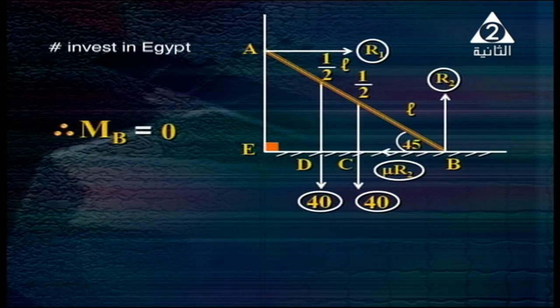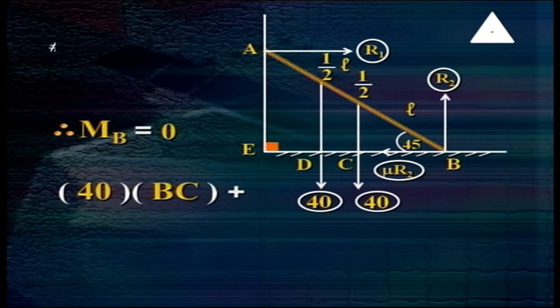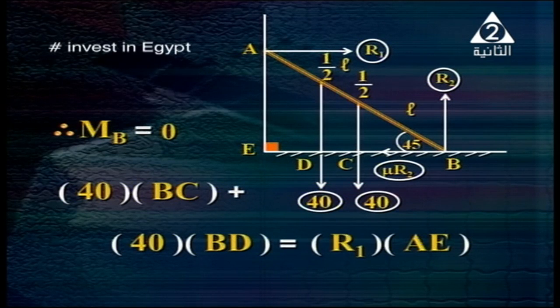Then take the moment about B equals 0. What are the forces which act at point B? This R1, R2, 0. The weight of the ladder, the weight of the boy. Then 40 times BC plus 40 times BD equals R1 times AE.